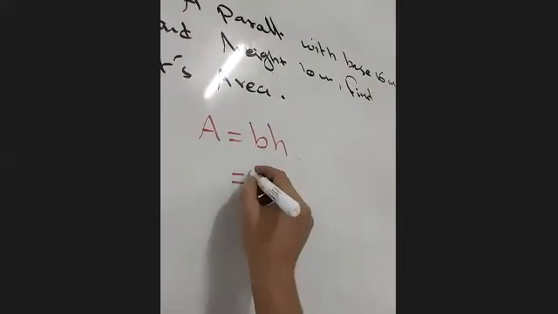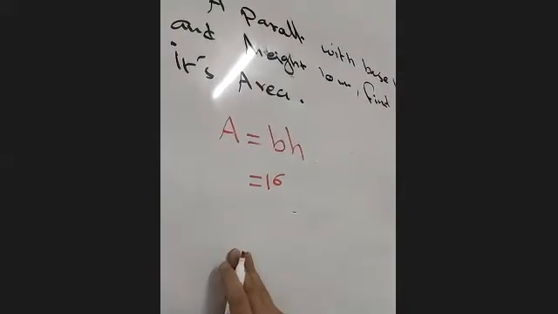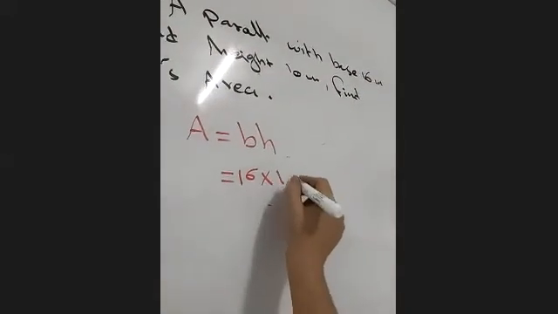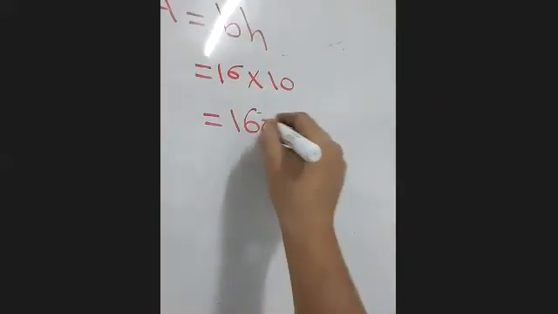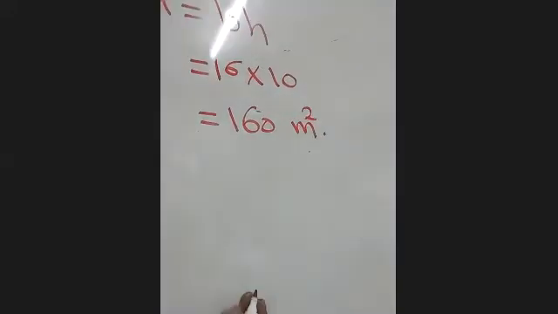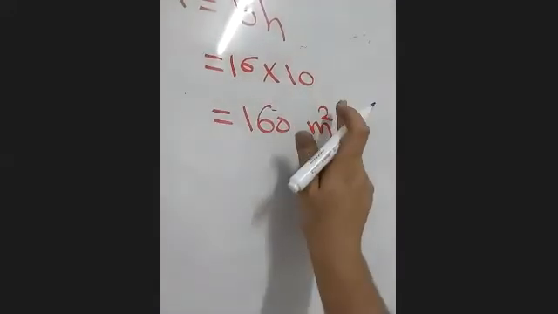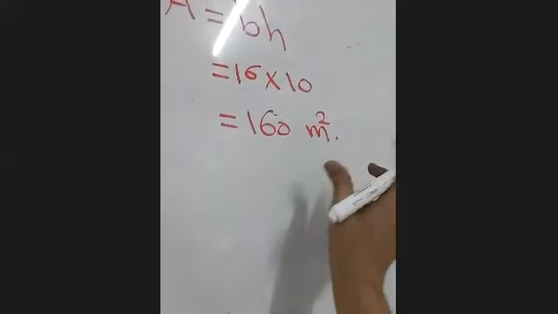We will replace B by 16. 16 multiply 10 meter is equal to 160 meter. This is 160. What's the unit? Square meter, or meter power 2, or meter exponent 2. But we write it like this. Okay, this is an example.